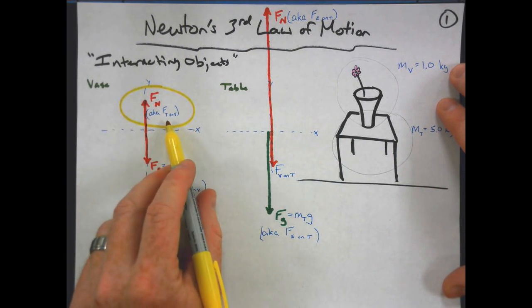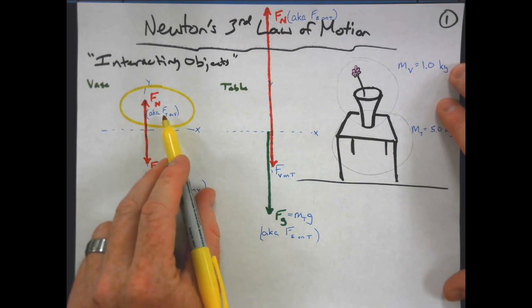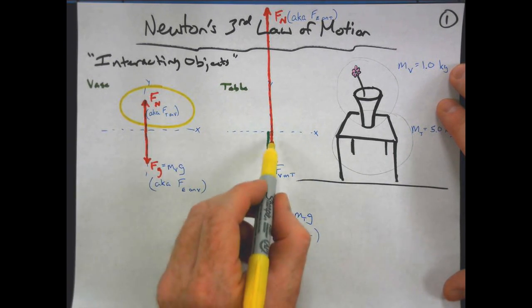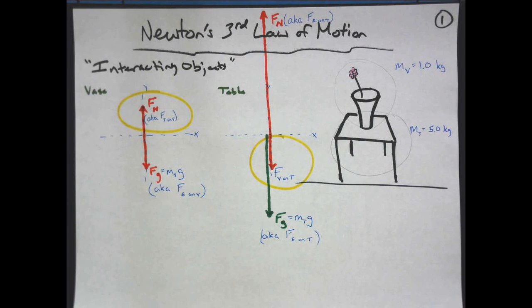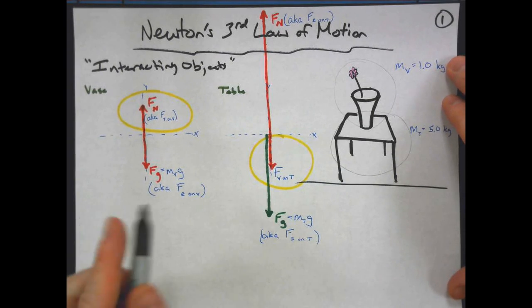And let's look at the opposite of that notation. Let's look for the vase on table, force of vase on table, this one. And here's what Newton's third law really says: you can't get one without the other. Forces always occur in pairs. So this is where we're going to wrap up this video, just looking at this simple example.